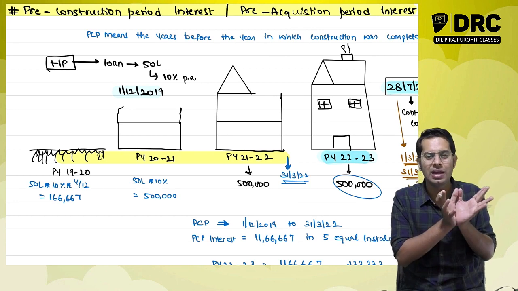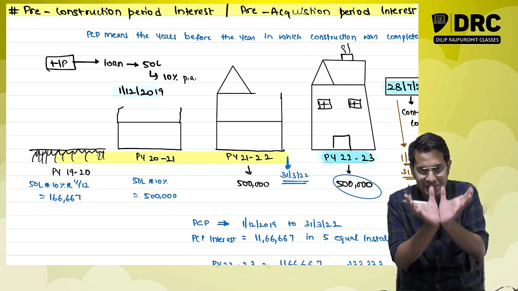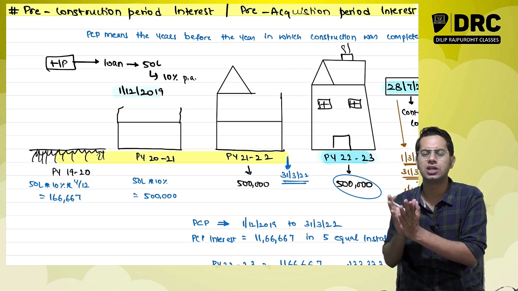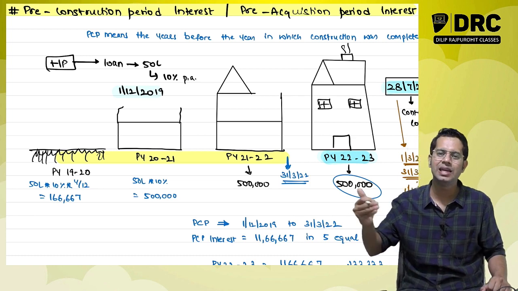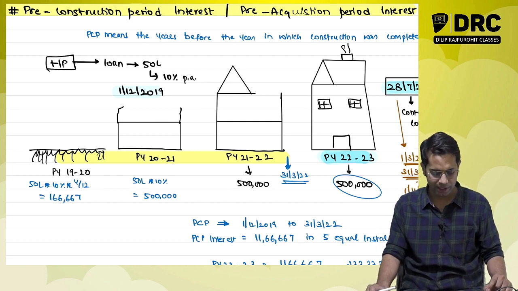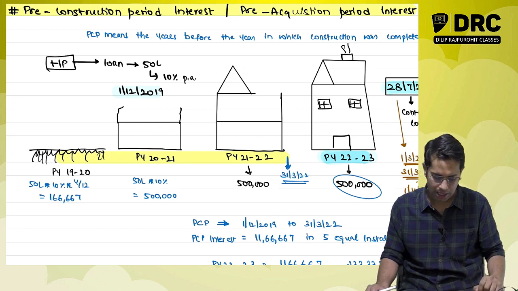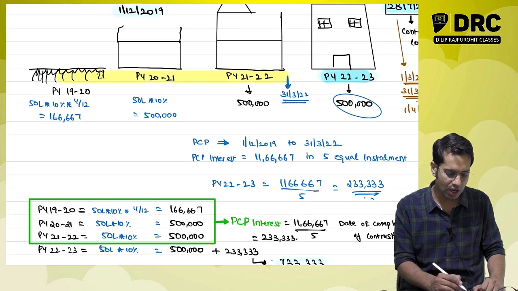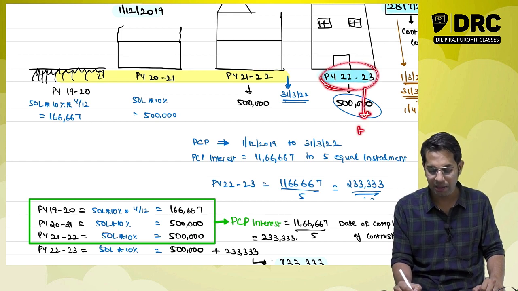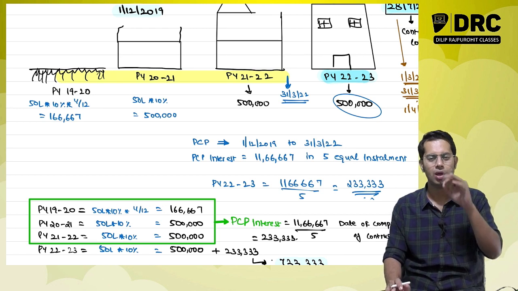Whatever interest is paid by you to the bank or financial institutions or any other person for these many years will be allowed as deduction to you in 5 equal installments. It will be allowed from the financial year in which construction of the house property was completed.